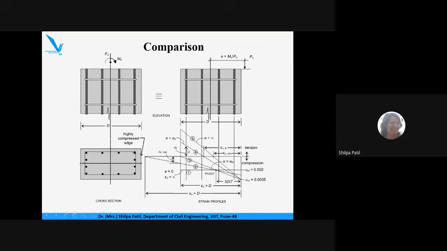And the fourth case is where the eccentricity is much higher. Because of that, tension is developed in the column. So this portion represents tensile strain and this triangle represents compressive strain. All these diagrams which I have shown you individually are represented in a single diagram here. These are called strain profiles for a column.